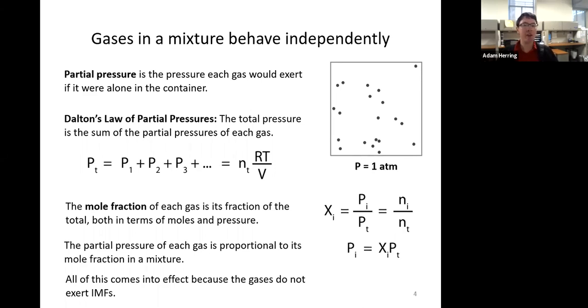So independently of each other, they both exert 1 atmosphere of pressure. So when we put both of those gases into that same container, then our total pressure is simply the sum of the individual partial pressures. And then in that case, the mole fraction of each gas would be 0.5, since you would take the partial pressure over the total pressure.